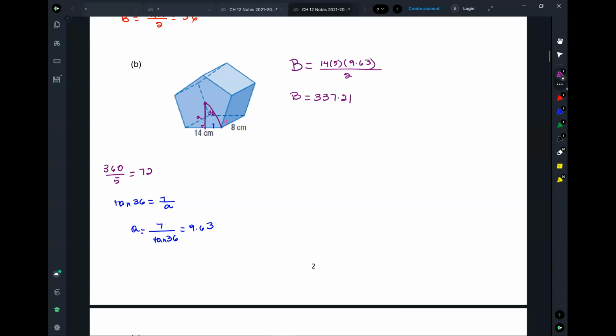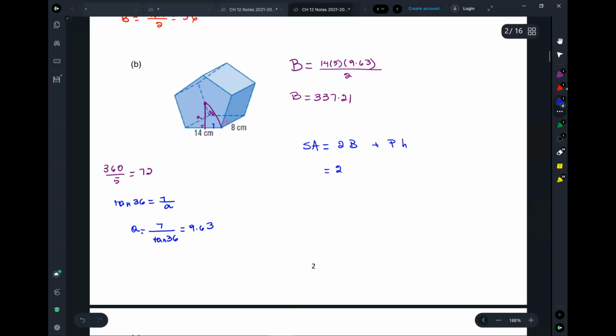Okay? Now, to find the surface area, it's 2 times the base area plus the perimeter of the base times the height of the prism. What's the height of the prism? 8. It's this. Okay? So 2b plus ph.